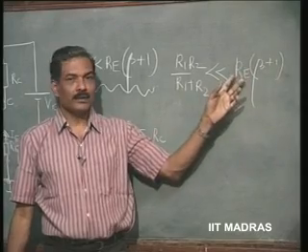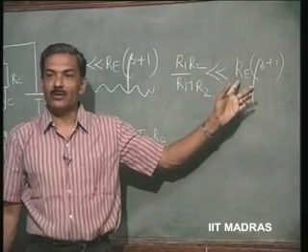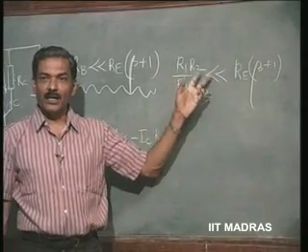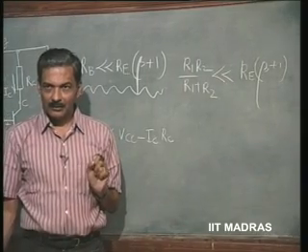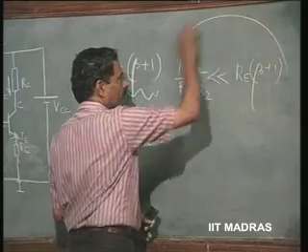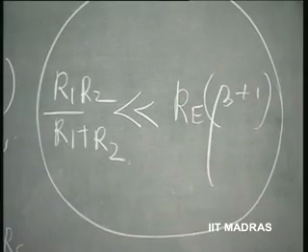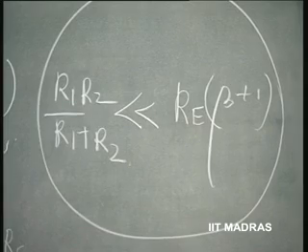So, 200 kilo ohms. So, R1 parallel R2 needs to be much less than only 200 kilo ohms. That means even when R1 parallel R2 is of the order of 20 kilo ohms, this is satisfied. So, this kind of design is what is going to work satisfactorily for biasing this transistor in a stable fashion.